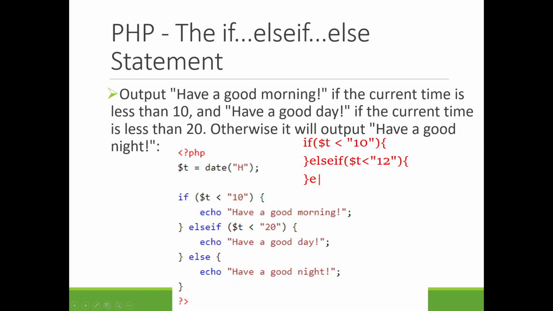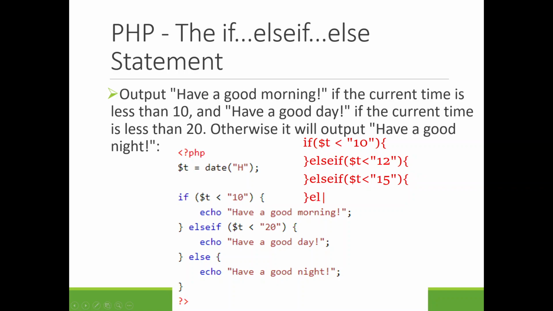So we can go ahead and do else if t is less than, let's say, 15. Like that. We want to do something.